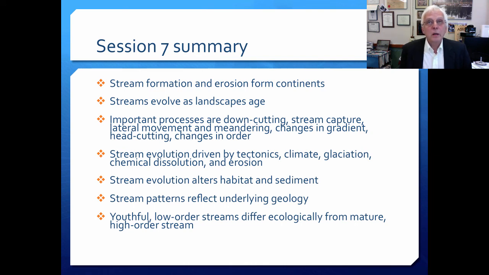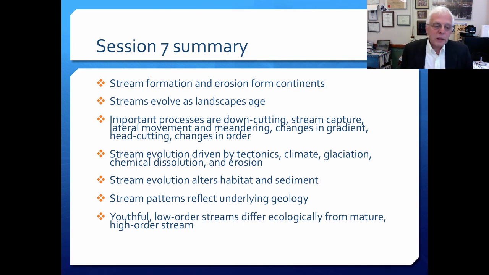Stream patterns reflect the underlying geology, and you can pick that out when you're flying in a plane the next time. Get some pretty good ideas about what kinds of terrain you're flying over based on the stream patterns. Or look on Google Earth and look around the world at the different kinds of stream patterns and draw your own conclusions.